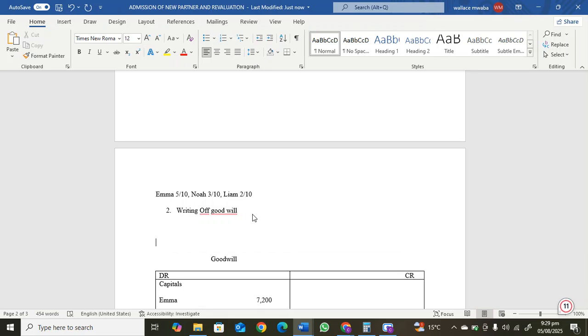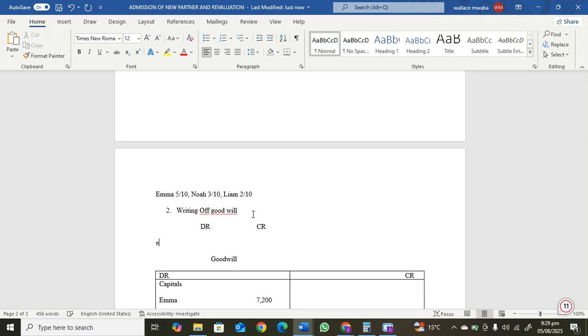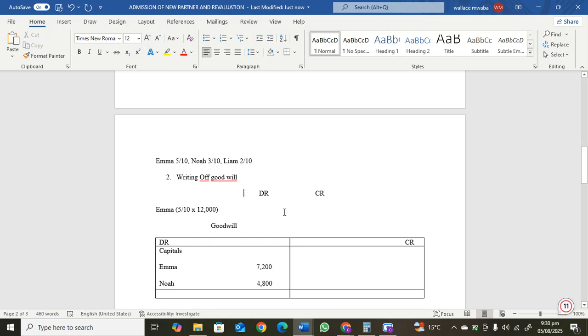So we put it like this: debit, credit. Emma gets 5/10, so 5/10 times 12,000. What is 5/10 times 12,000? 6,000.